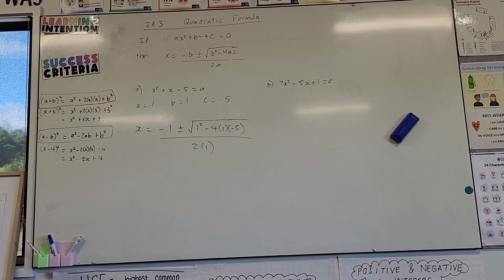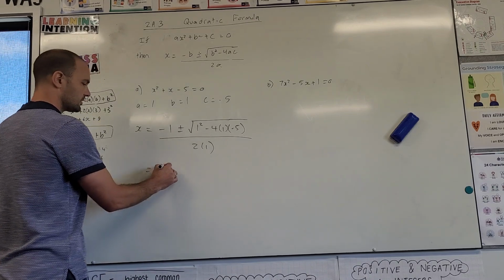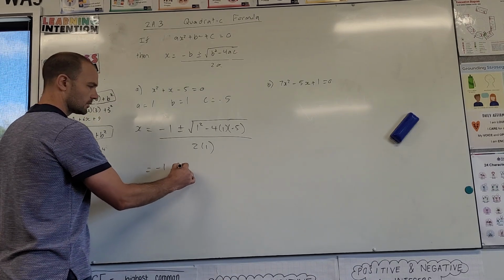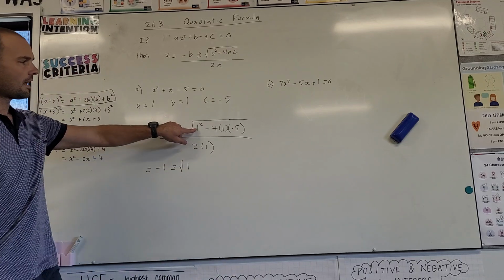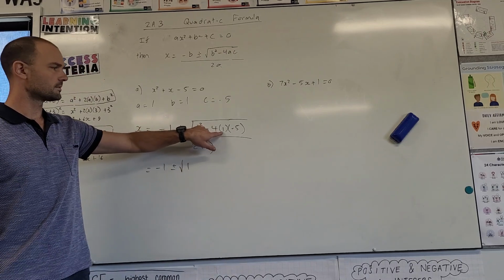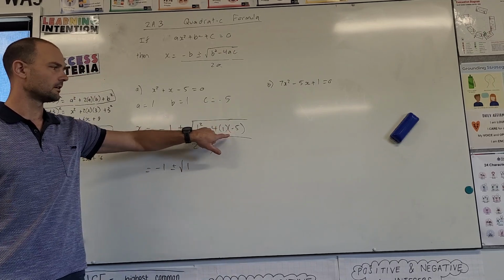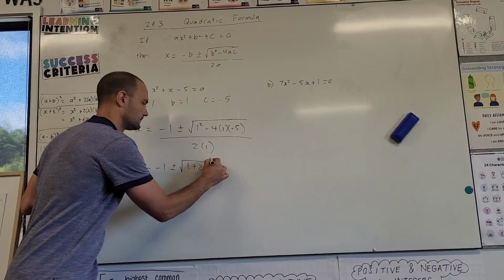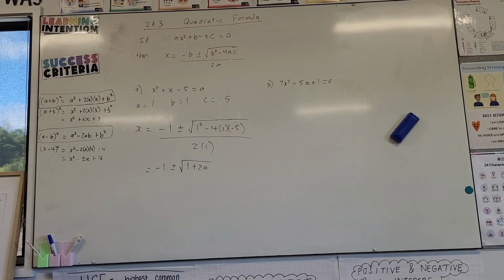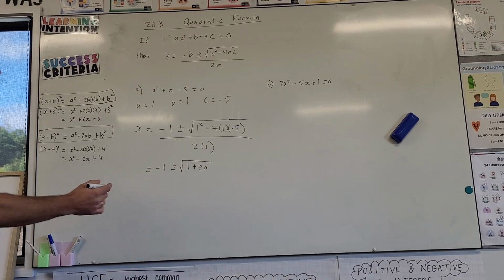All right, so step 1, substitute in. Step 2, let's process it. So out the front here, we just have minus 1 plus or minus the square root. 1 squared is 1, and we have 4 times 1 times minus 5. So that's going to become positive 20. All right, and divided by 2.